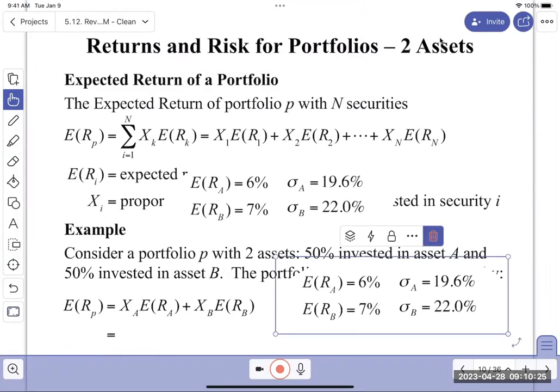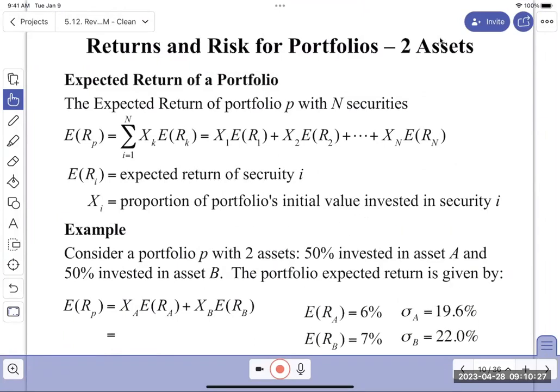All right, but this data, and you're told here in this example that 50% is invested in A and 50% is invested in B. So then the weights are each 50%.